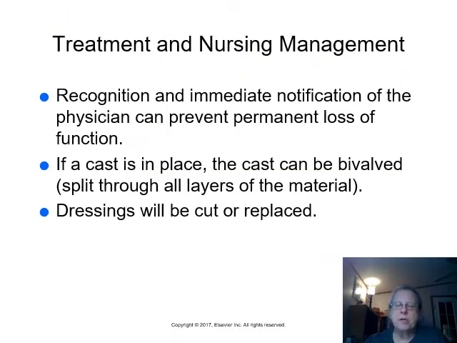Treatment and nursing management. Once again, we need to make sure that we are recognizing and immediately notifying the physician to prevent permanent loss. If a cast is in place, they may go in and split it open to allow the pressure to be released.